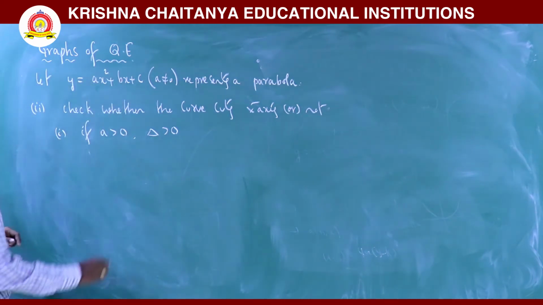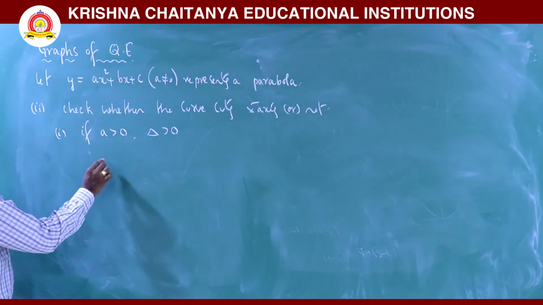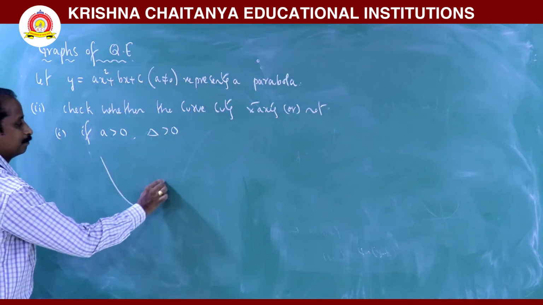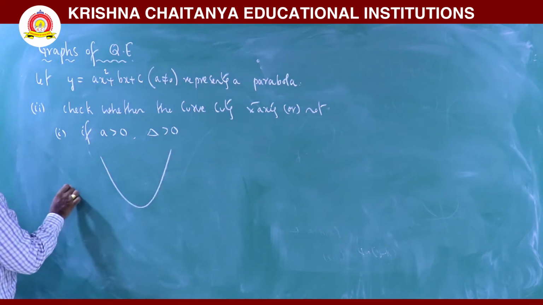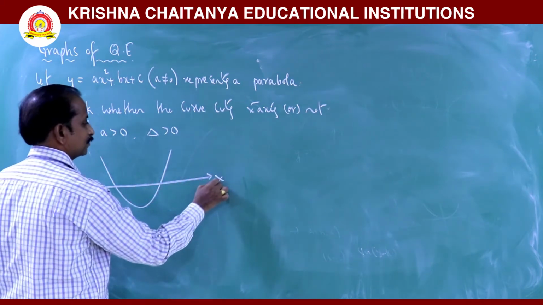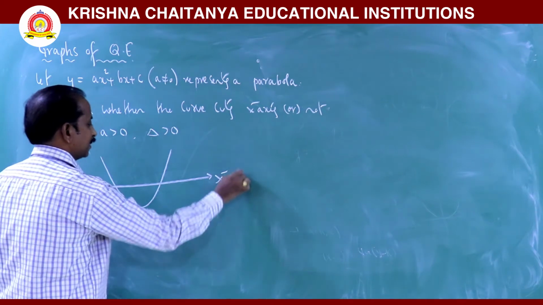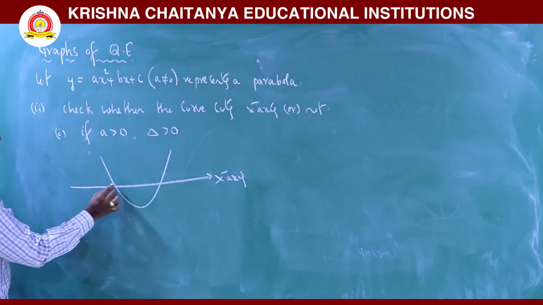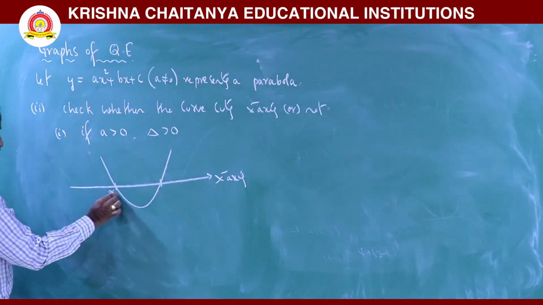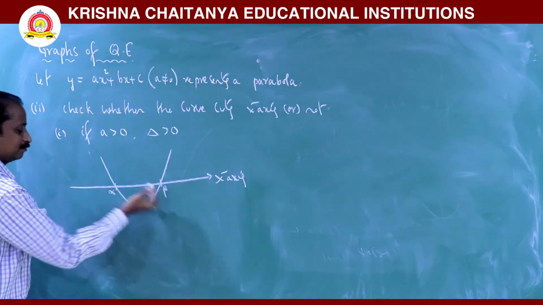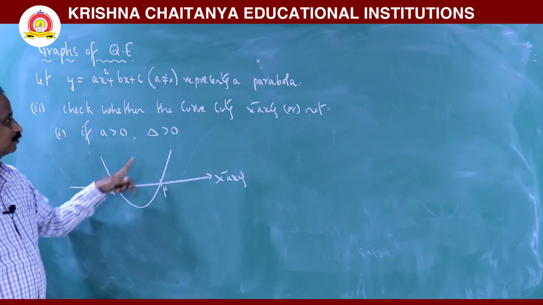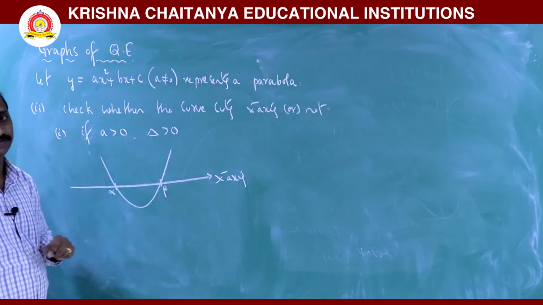Real and distinct roots means the shape of the curve is like this: a greater than 0, open upwards, and this is the x-axis. This curve cuts the x-axis at two distinct points, alpha and beta. Alpha and beta are different, so delta greater than 0.